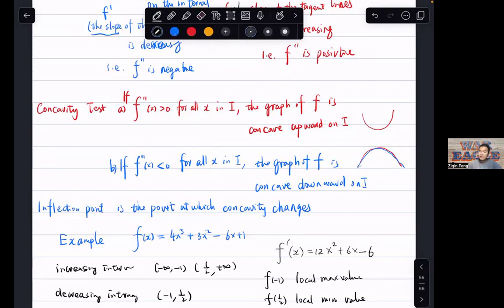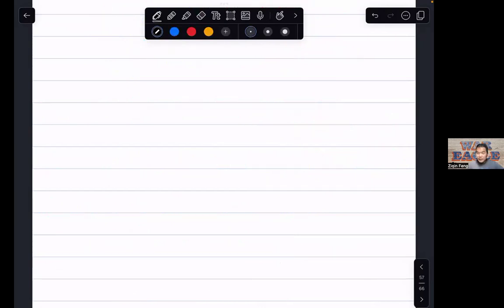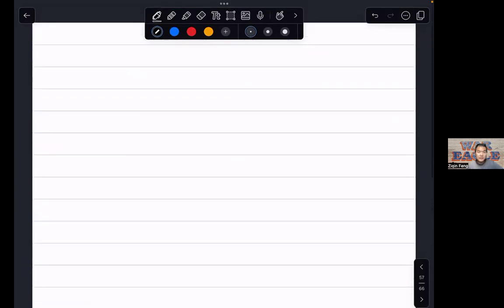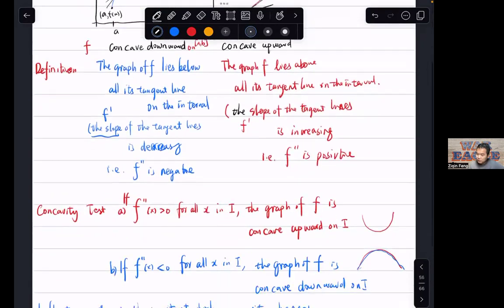Now, for the second part, we want to know the intervals of concave up and concave down. Let's try to do that. So decide concavity and also possibly, if we have one, the inflection point. To do that, we need to get the second derivative, f double prime of x. This is a very easy function to differentiate.